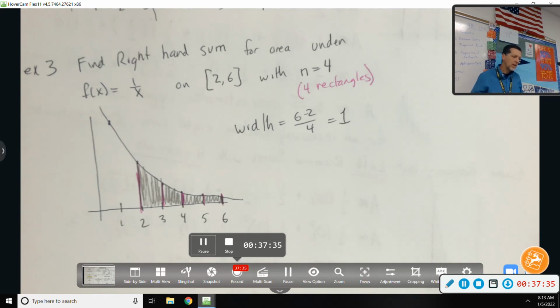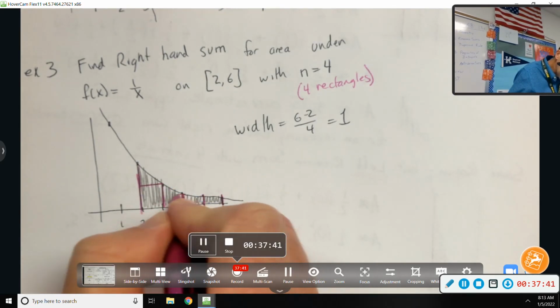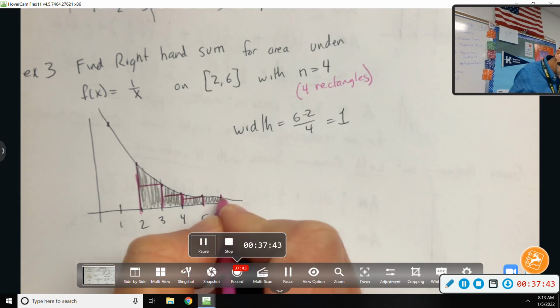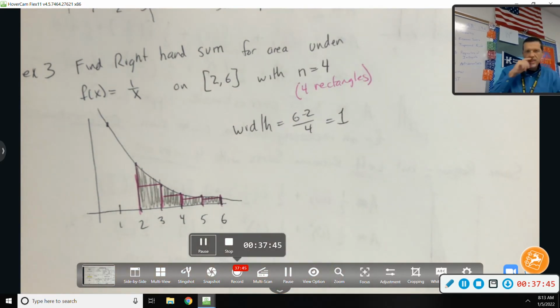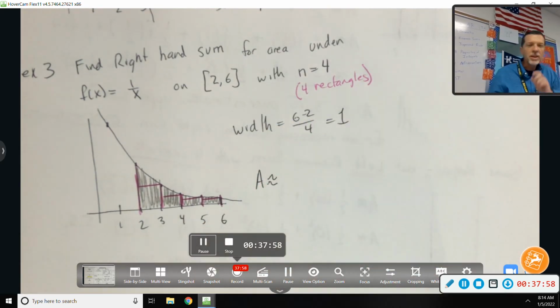Right-hand sum. So that means I'm coming from the right. Come from the right. Is this going to be an overestimate or an underestimate? Under, because all my rectangles are below the curve. So area is approximately. Now we just add up the rectangles.